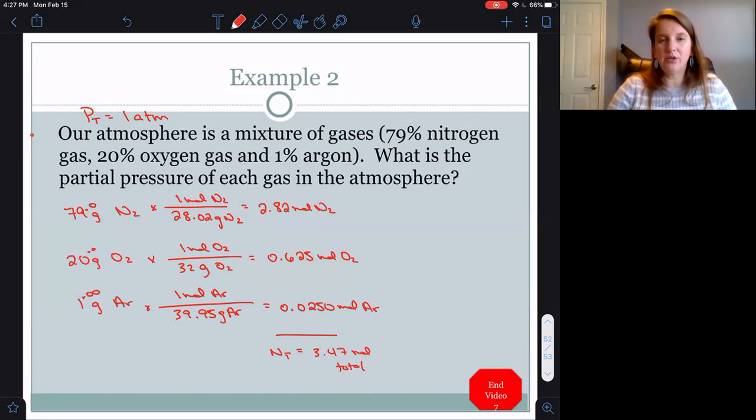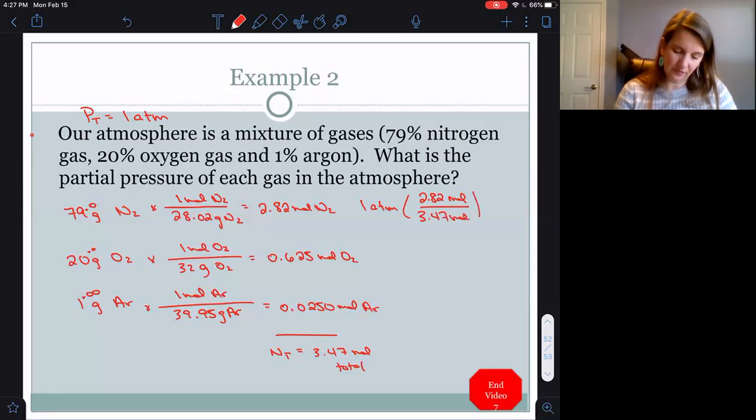So then remember, in order to find the partial pressure of each gas, I take my total pressure, 1 atmosphere, multiply it by the moles of that specific element, and divide it by my total moles. So I would have my 2.82 divided by my 3.47.